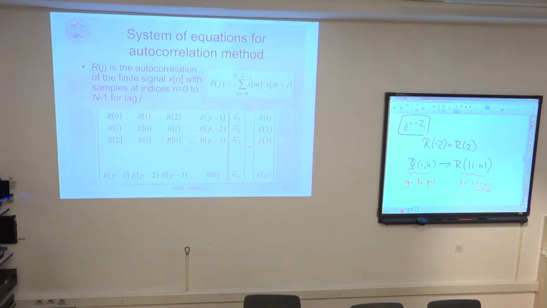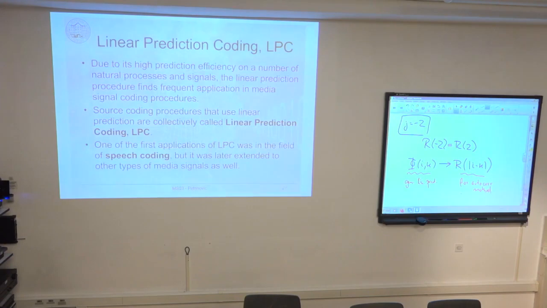The first auxiliary diagonals, upper and lower, have this value R of 1, and so on. So they have a constant value along diagonals that go from upper left to lower right, and matrices that have such a property are called Toeplitz matrices. Toeplitz, for the surname of a mathematician. Toeplitz matrix. Okay.